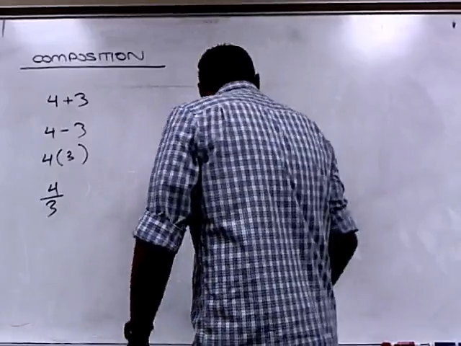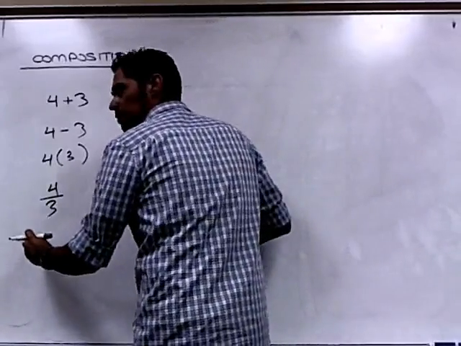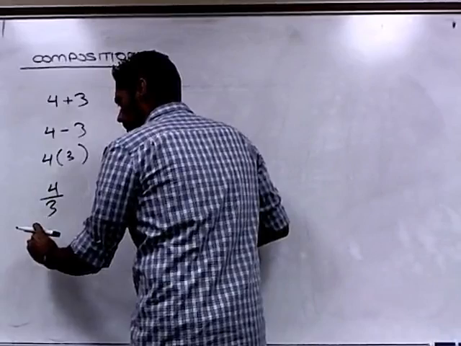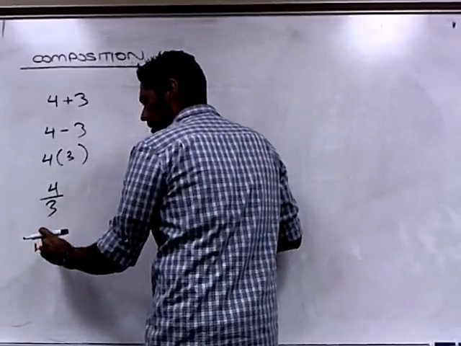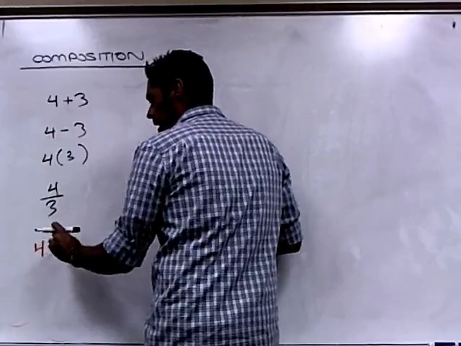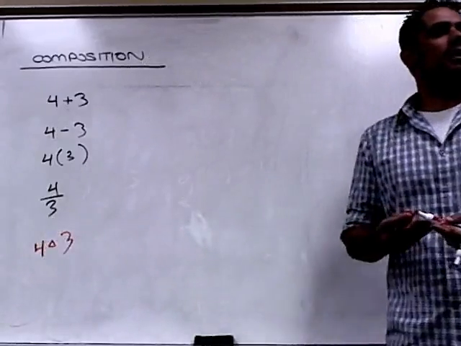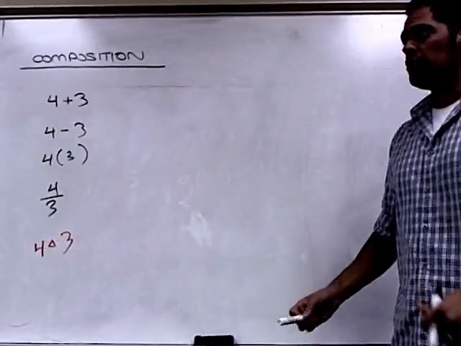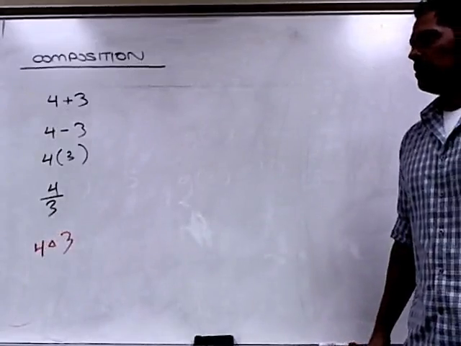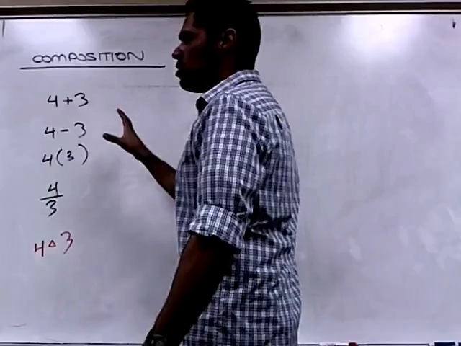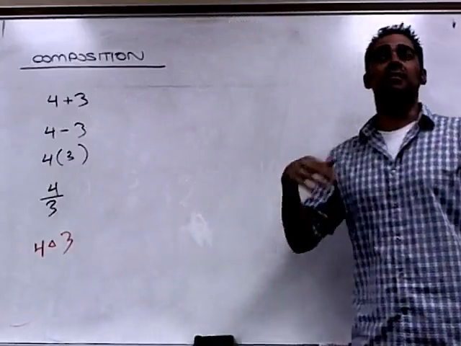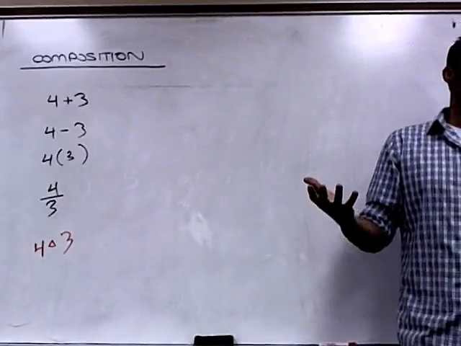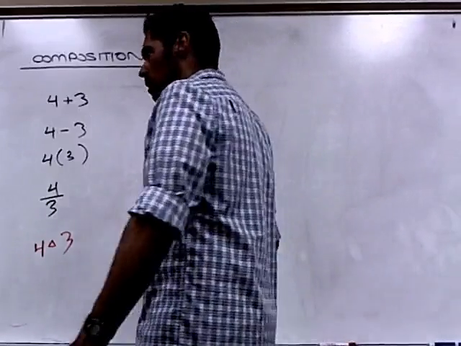But there is no fifth thing, like 4 and then some weird symbol like a triangle 3. There's no fifth operation of arithmetic. Well, with functions, there is a fifth operation, and it is called composition. So you can only do this with functions, not with numbers.